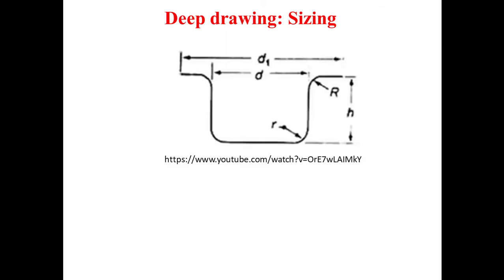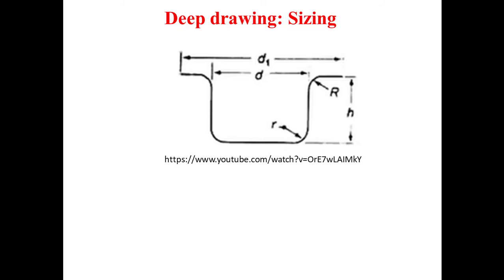Now it's to note that a drawn sheet metal part will be sized based on this model. And here D1 represents the characteristic dimension of the top portion, D represents the characteristic dimension of the bottom portion, small r represents the bottom curve radius, capital R represents the flange radius, and H represents the height of the drawn sheet metal part.